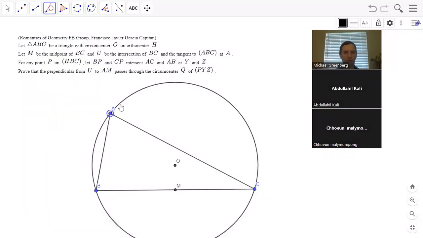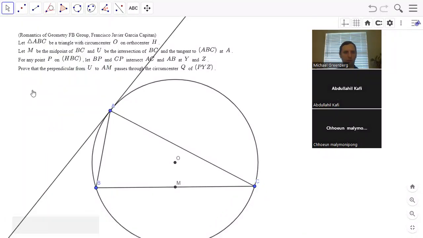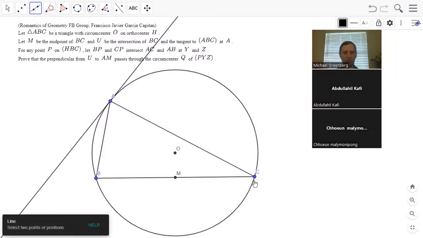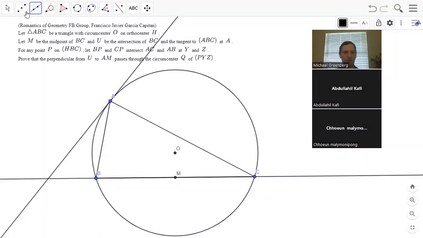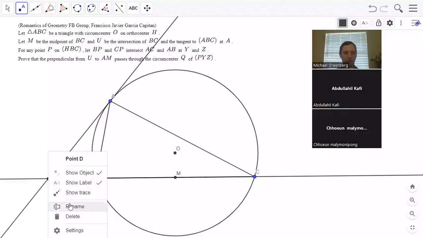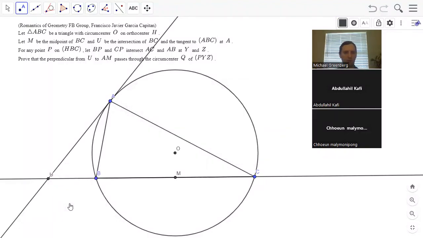Here's the tangent at A. Let me just move this up a little bit. And this will be U. Then we draw the orthocenter H.